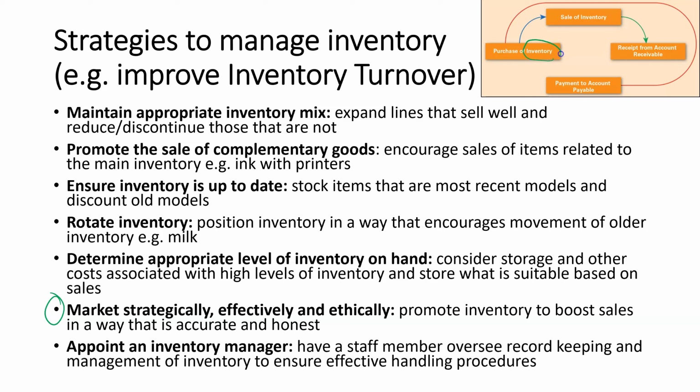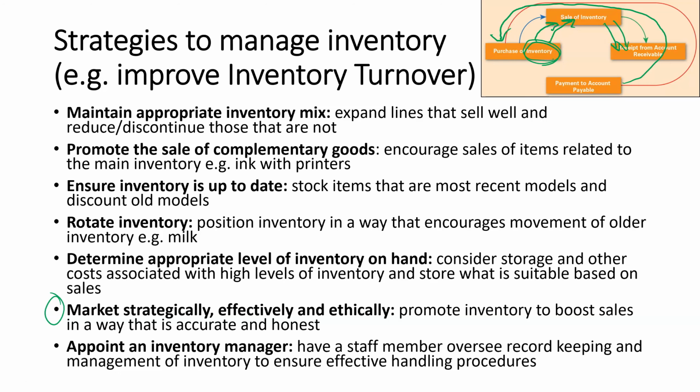So if we've got our inventory up in this part here and we market it well, that's going to increase our sales, which is then going to increase our receipts from accounts receivable. And if we've done our job well, those higher sales are going to drive a need for us to purchase more inventory, so then we can sell more, so then we can receive more. And we keep going through this kind of cycle.